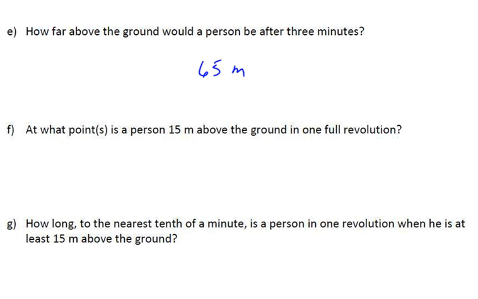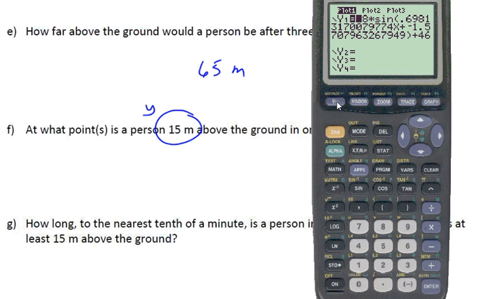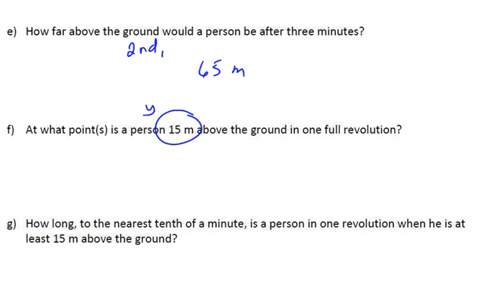At what point is a person 15 meters off the ground? So meters is Y or X? Y. How do we put in a new Y value? Y2. So we did second trace, 1 value, and then 3 enter.